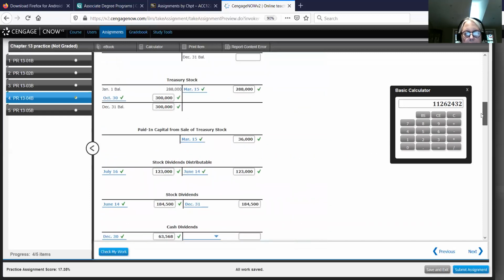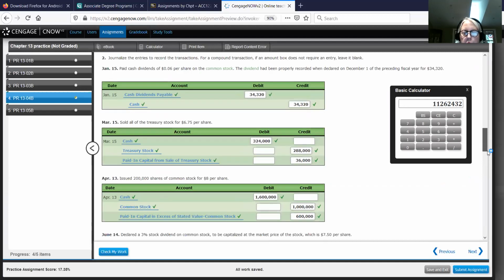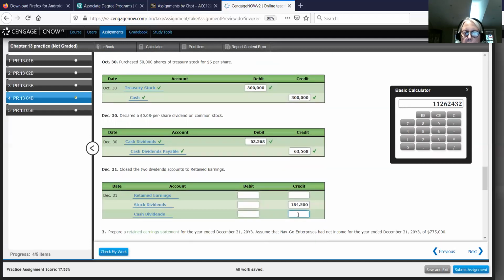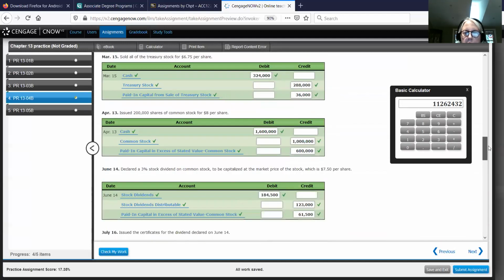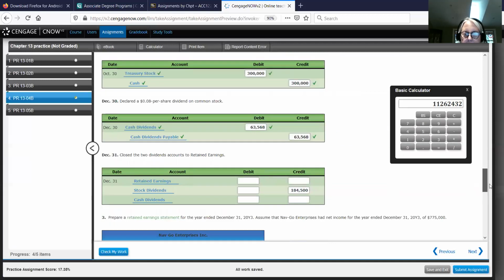The cash dividends account had a debit balance of $63,568, which we'll have to credit to reduce that account to zero. So again, that was $63,568.